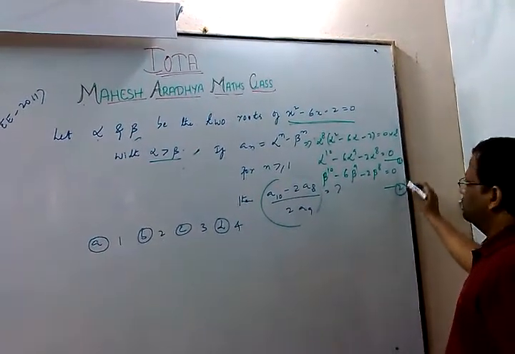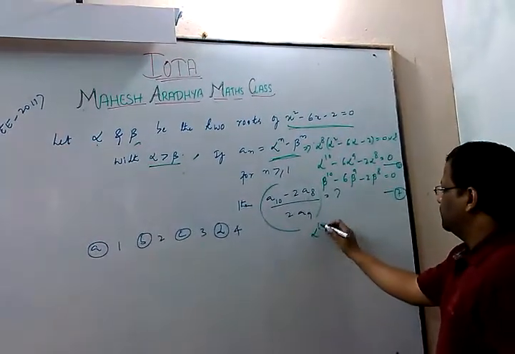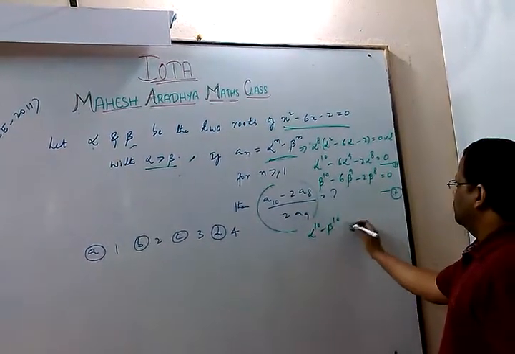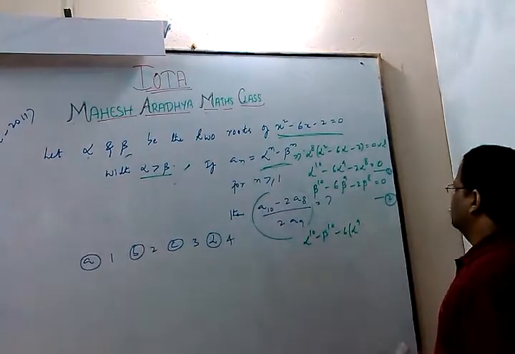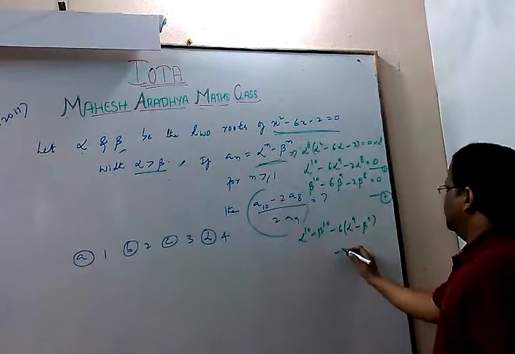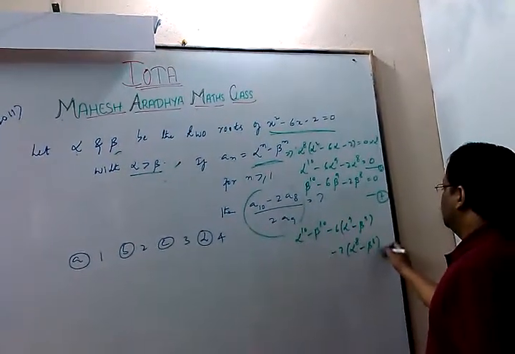I should do 1 minus 2, because we need the given format. So alpha power 10 minus beta to the power of 10, minus 6 into alpha to the power of 9 minus beta to the power of 9, minus 2 into alpha to the power of 8 minus beta to the power of 8 is equal to 0.